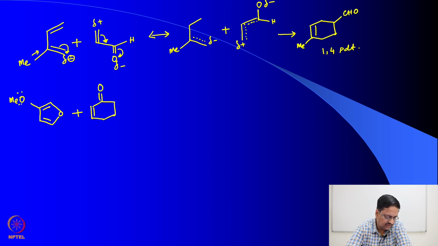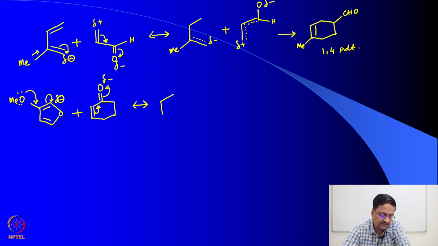So, this electron donating group pushes the electrons and it comes here and makes it delta negative. This compound pulls electron outwards and then you get a delta negative charge there. So, the charge separated resonating structure would look like this.